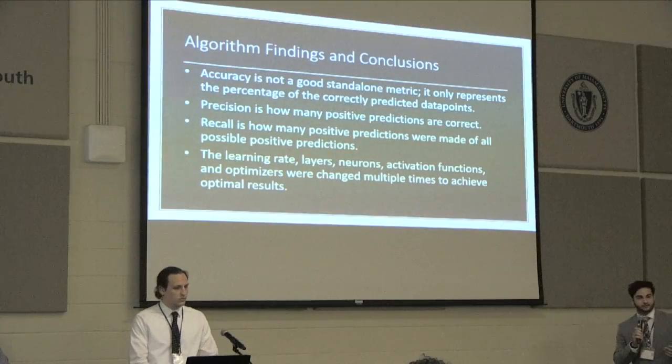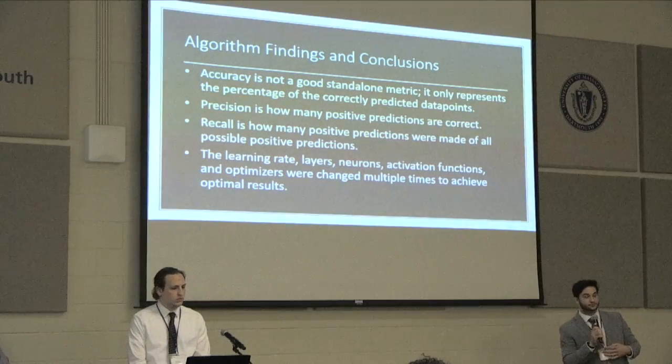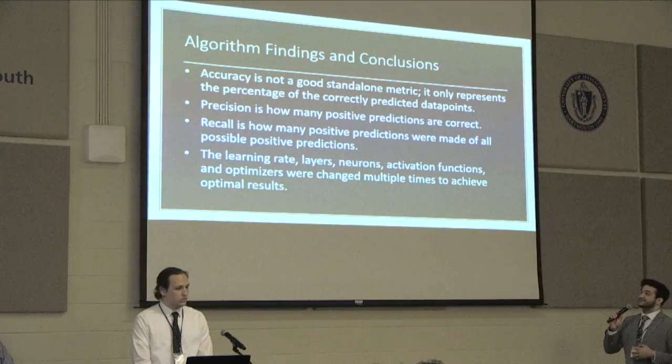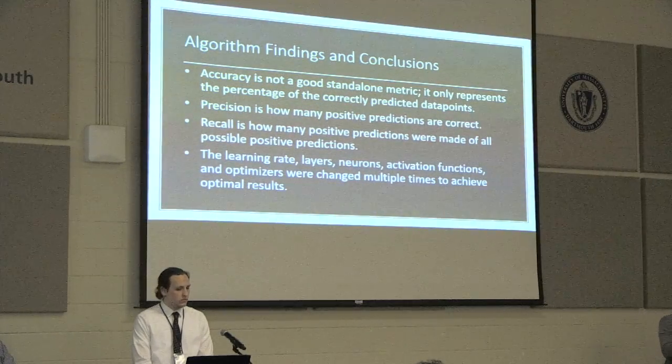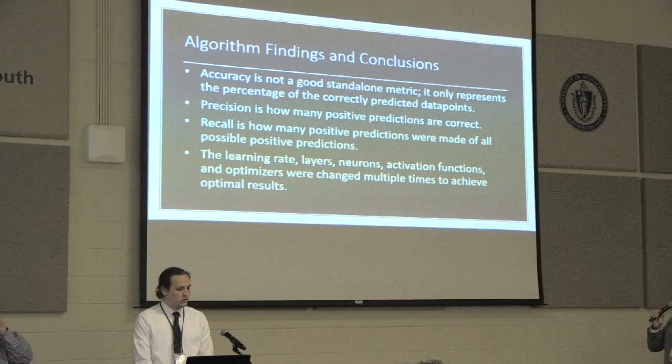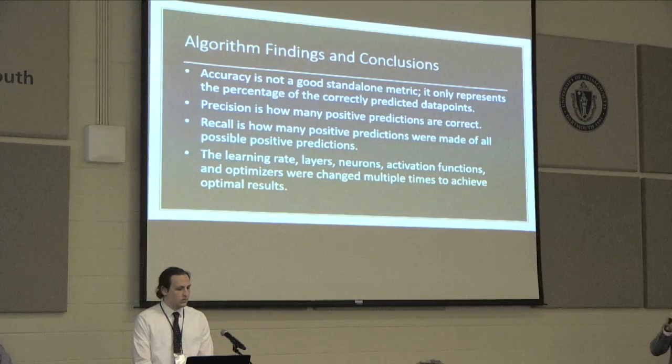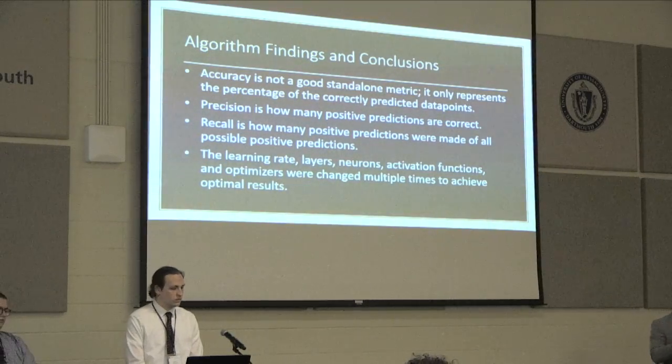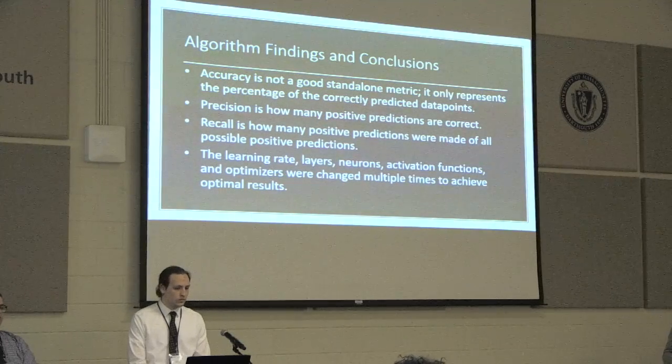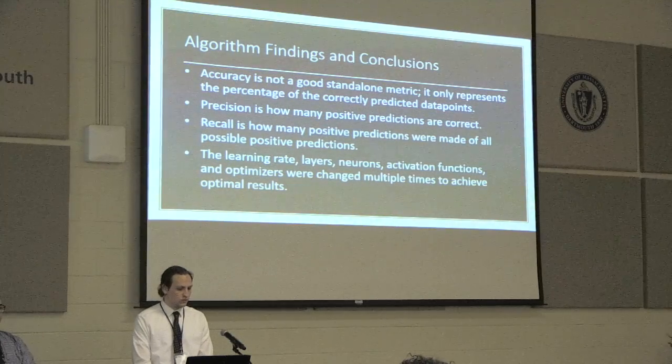While creating this algorithm, we learned a lot of different attributes. Firstly, that accuracy is not a good standalone metric for determining how good our machine learning algorithm is. Effectively, it only represents the percentage of correctly predicted data points. Other metrics that would have been better to validate our machine learning algorithm would be precision and recall.